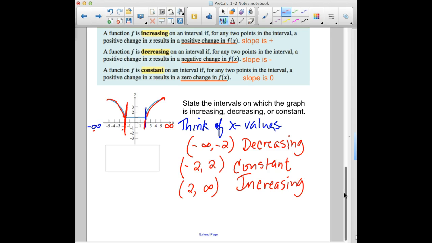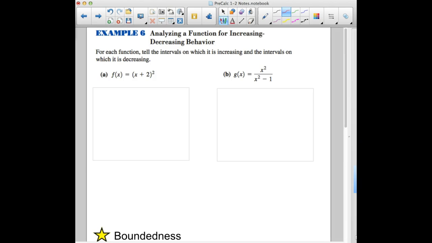All right? So we're going to just look at 2 more pictures and identify our increasing and decreasing spots. Describe for me what this is going to look like. It is a parabola. Which way is it moved? How do we know it's a left move instead of an up move?